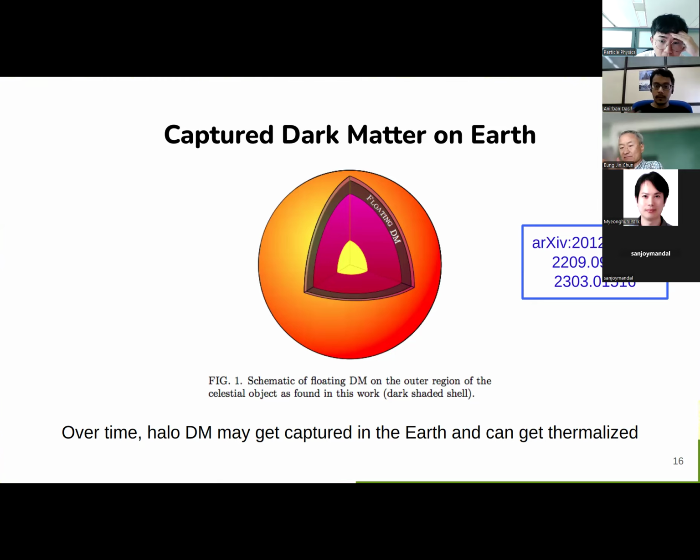Some of these particles will lose energy and get captured gravitationally in the neighborhood of the object. It can happen in Earth, and actually in any astrophysical object. Over time, there will be a buildup of a population of dark matter which is totally thermalized with the local temperature of the system. In the case of Earth, that temperature is roughly 300 Kelvin.